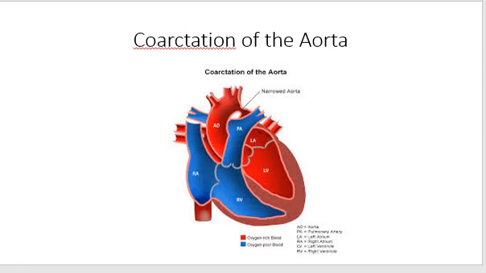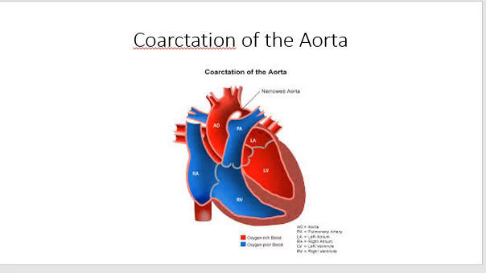So in infants you'll see increased blood pressures in the head and the upper extremities, and decreased pressure distal to the obstruction, so the body and the lower extremities.